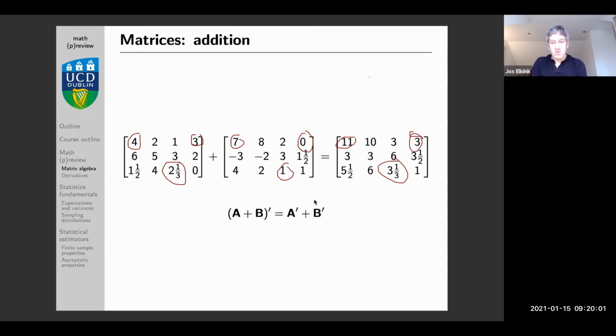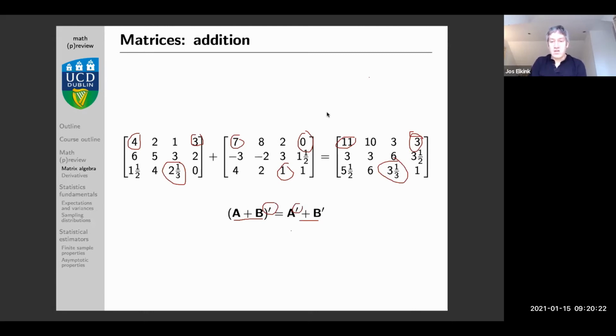And here's another one of those rules. So we get a few of those algebraic rules that are very helpful to simplify equations later. So just like we learned that the transpose of the transpose is the original matrix, we can also learn this. If we take the sum of two matrices and then the transpose, it is the same as taking the transpose first and then summing them.